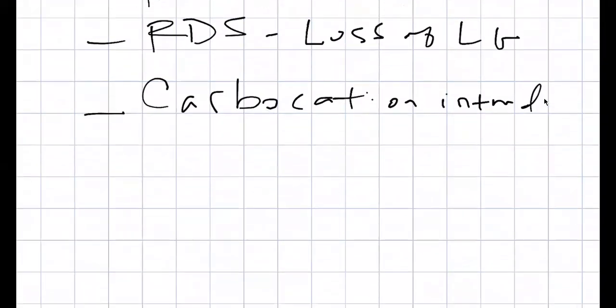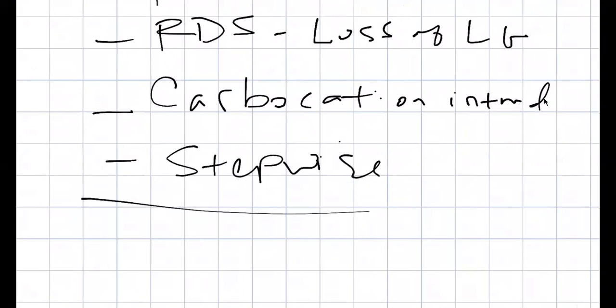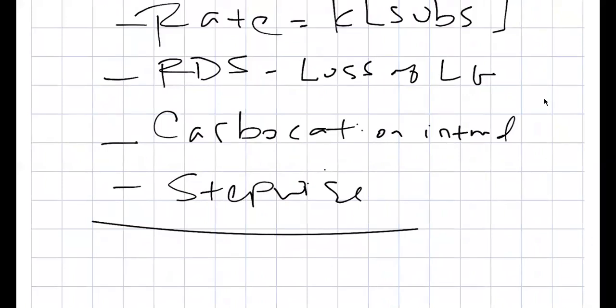Just like the SN1, it is stepwise. So it has all that in common with the SN1: the rate law, the rate determining step, the intermediate, and the type of mechanism being stepwise.